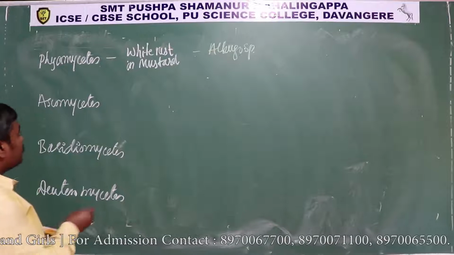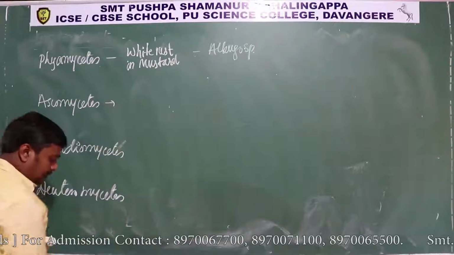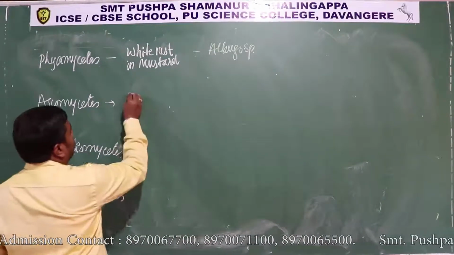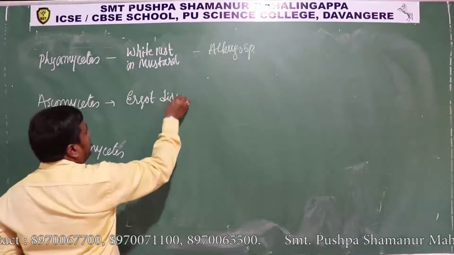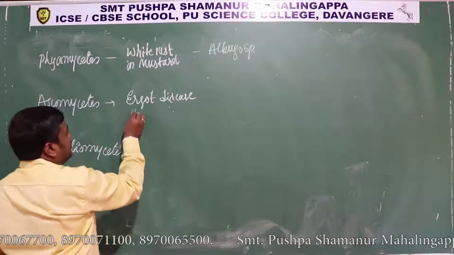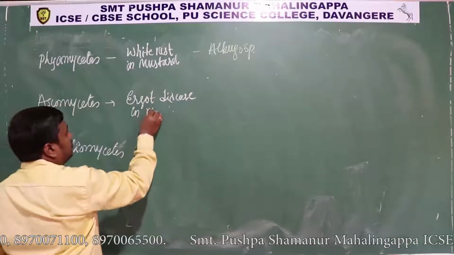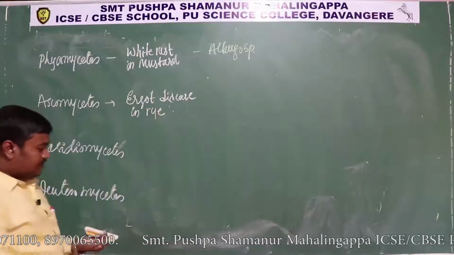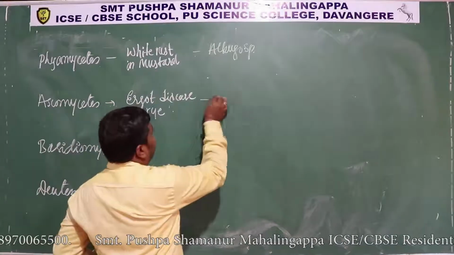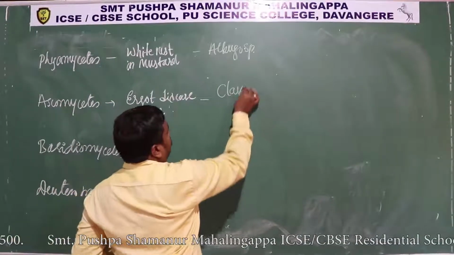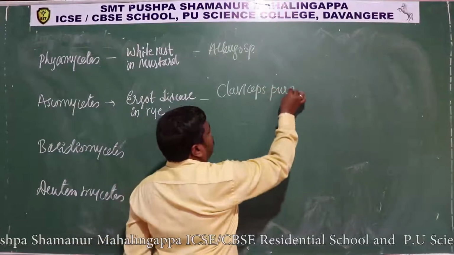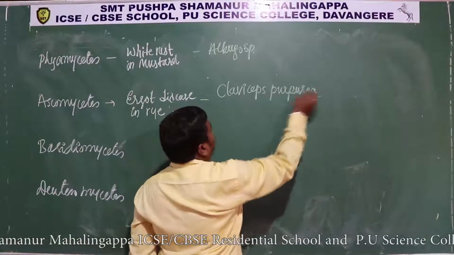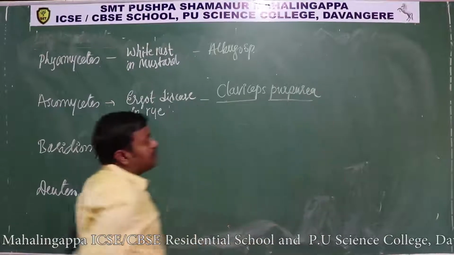Then in Ascomycetes, ergot disease in rye plant. It is caused by Claviceps purpurea.